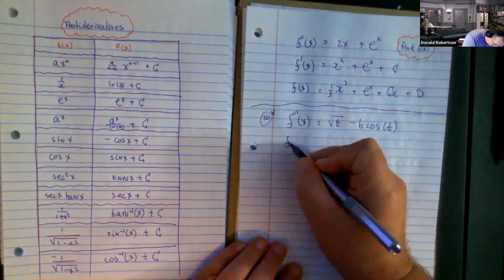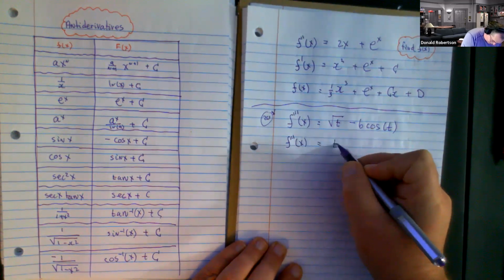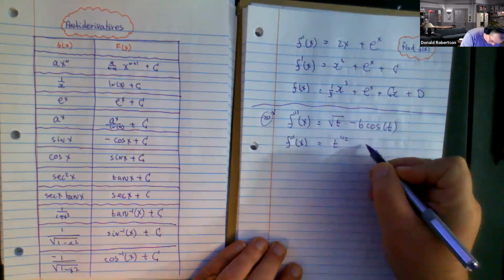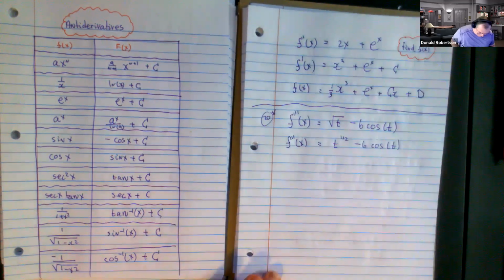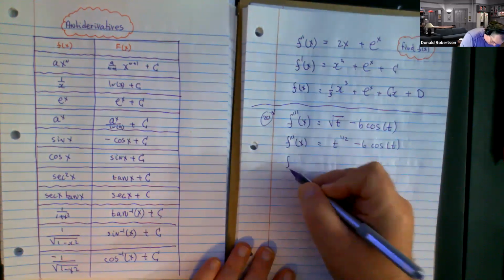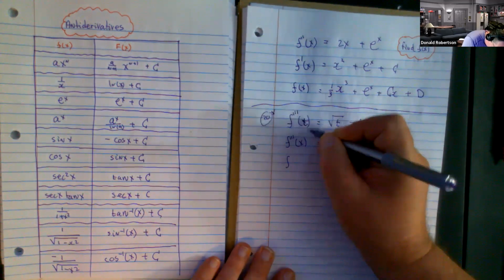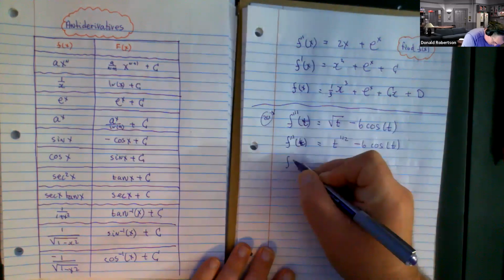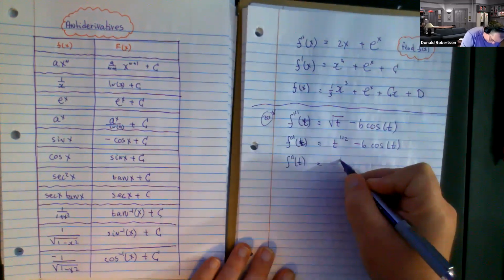Well, before I even think about doing antiderivatives, I'm turning that guy into a half power. And for some reason, I'm making my letters all weird. Everybody's a T.